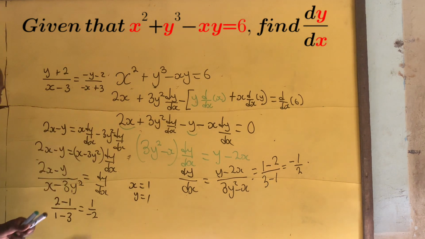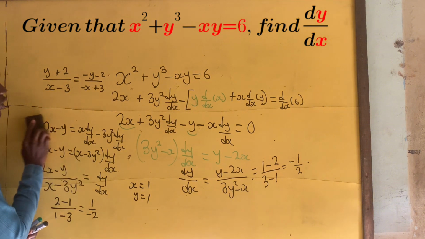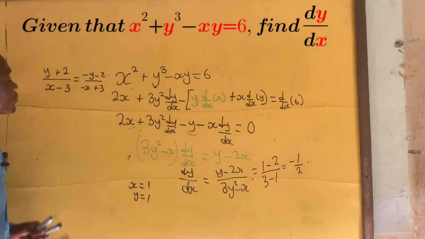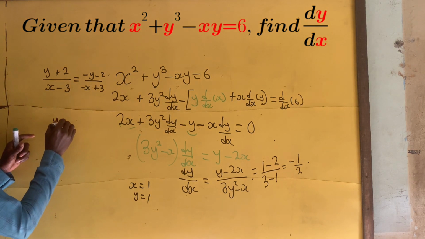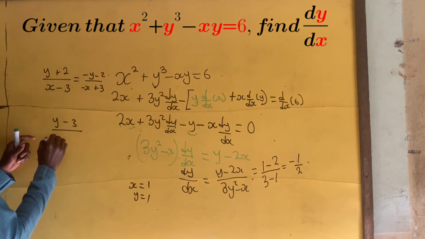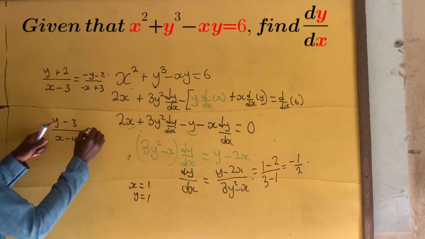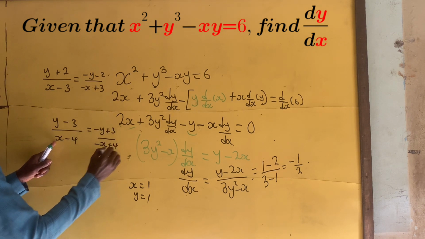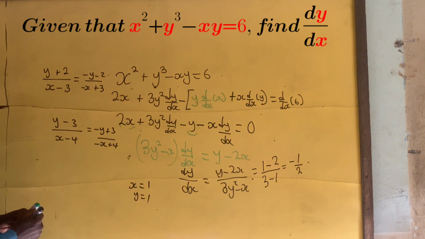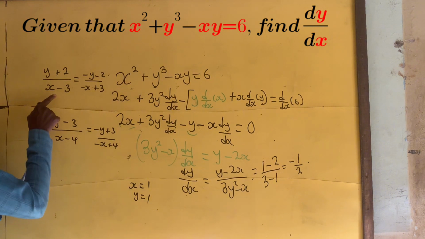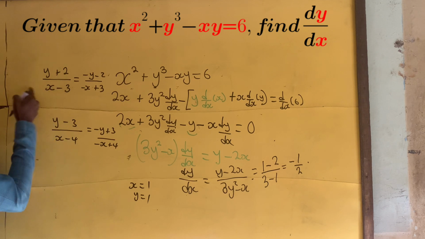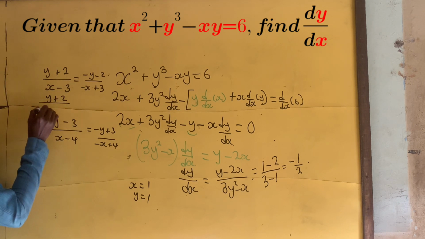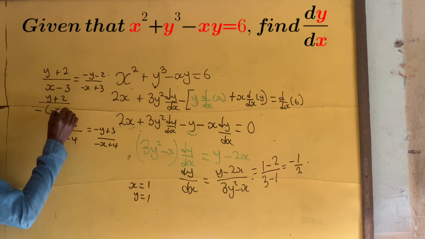Are you okay? Let me do another one just to improve your understanding. We put in values to clarify our answer. Let's say I have y minus 3 divided by x minus 4. Here I have minus y, positive 3, minus x, positive 4, the same. The reason is that here, if you factorize this negative out, it will be y plus 2 divided by negative into minus x plus 3.